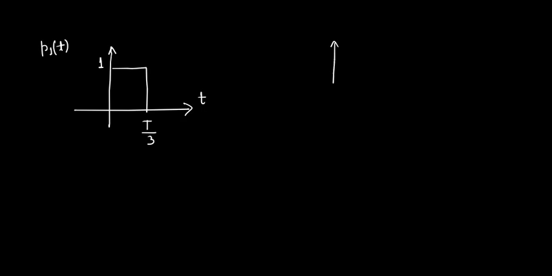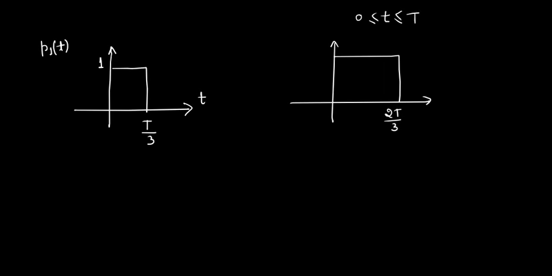The second waveform is this. T is the total duration of communication. So, for T by 3 of the time I am sending this, for 2T by 3 I am sending this. This is my p2(t).